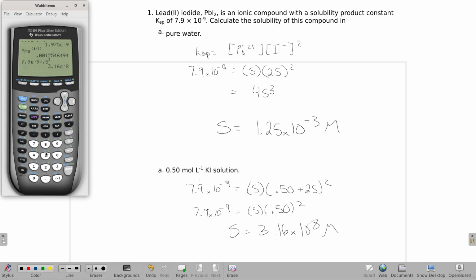But if you happen to have a graphing calculator, you can plug this straight in and solve for it exactly. I'm going to show you how I do that on this. So I just hit the graph, the y equals button up here on my calculator. What I'm going to do is put this in pretty much as it's written. Obviously I can't do S's, so I'm putting in X's.